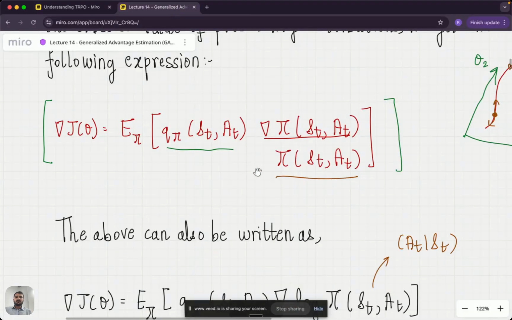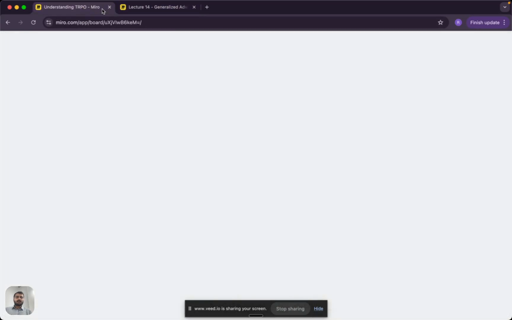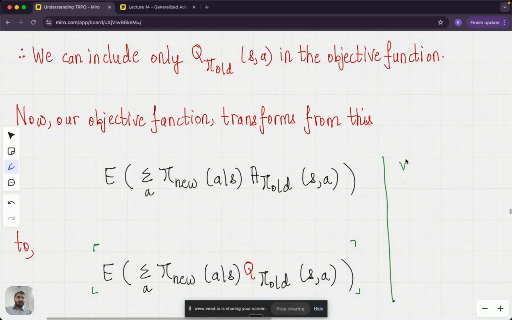We know that the gradient of the performance measure is equal to expected value of q of pi s comma a multiplied by grad pi divided by pi.